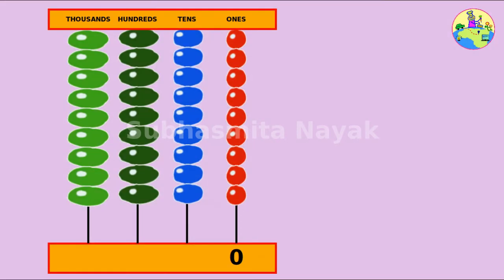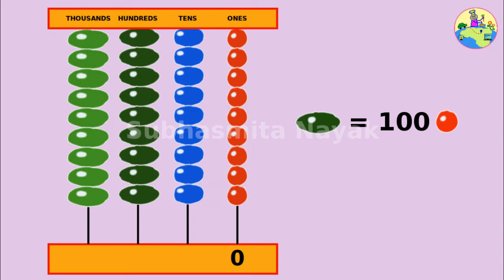Then in tens place, each bead is equal to 10 beads present in ones place. Similarly, one bead in the 100 place is equal to 10 beads present at tens place. If you think it through, one bead present in 100 place is equal to 100 beads present at ones place.